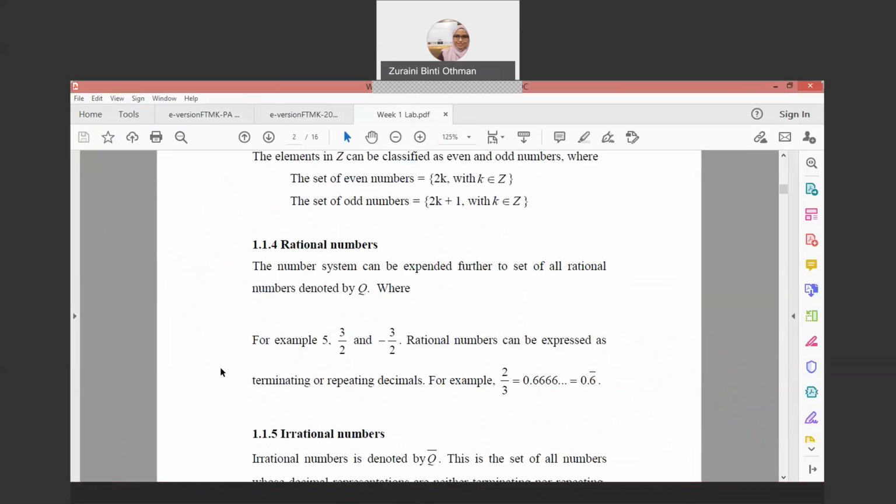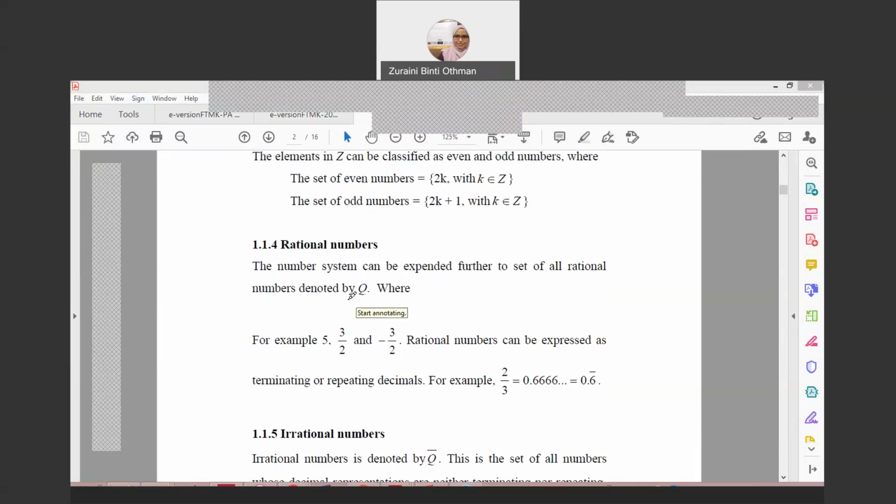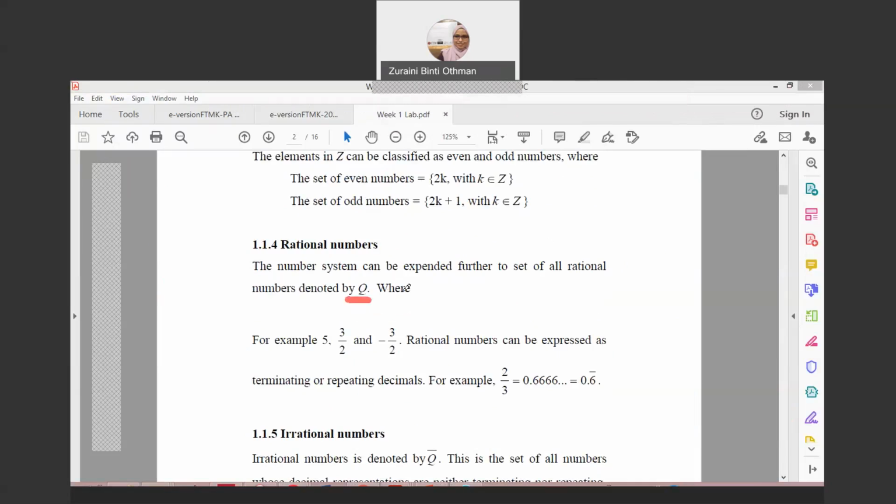Okay, so now rational numbers. What is a rational number? Rational numbers can be expanded further to the set of rational numbers denoted by Q. Okay, its symbol is Q. Where, for example, these are rational numbers: 5, 3/2, negative 3/2.